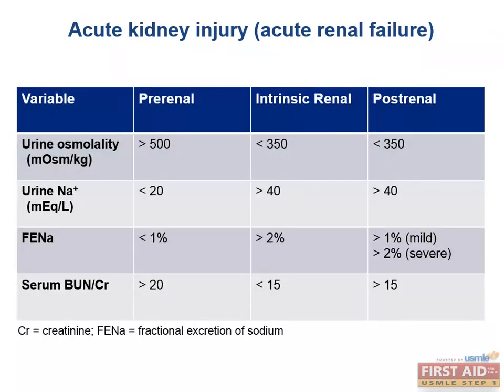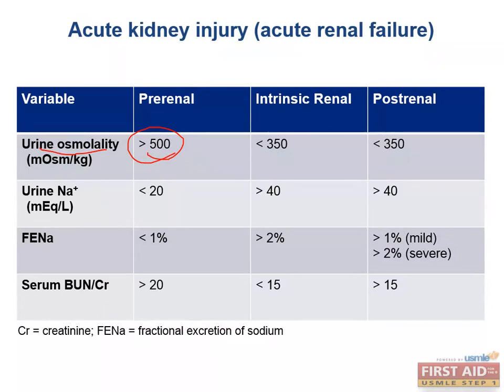Now let's look at some lab values that will help you distinguish the different types of renal failure. Now it can look a little intimidating, but let's walk through it and you'll see it's not so bad. So if urine osmolality, that's the first thing we're going to look at, is higher than 500 milliosmoles per kilogram, then we know it's pre-renal, because the kidneys are appropriately trying to concentrate urine, and they are.